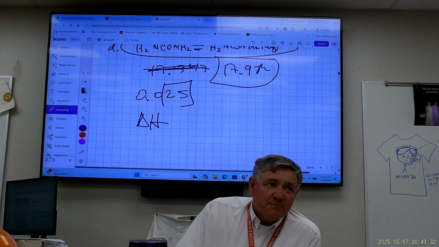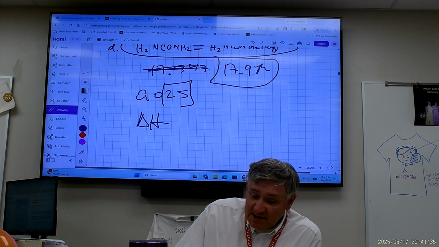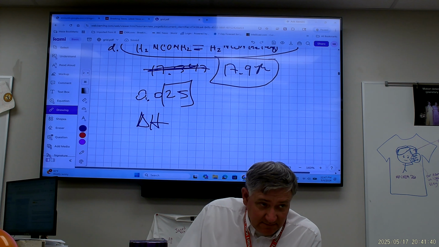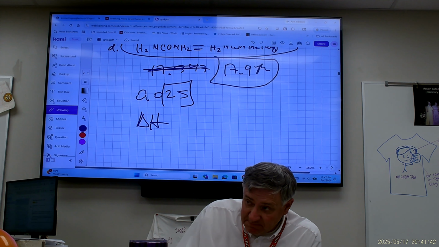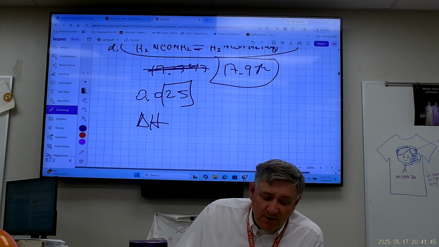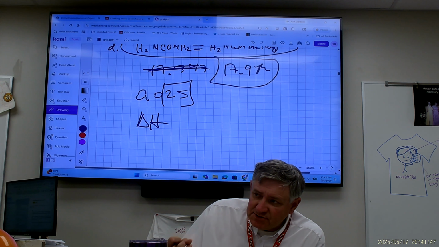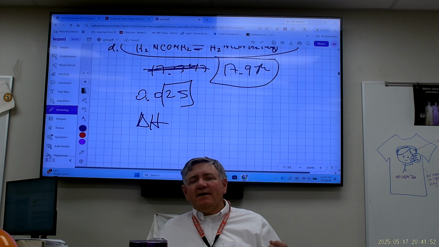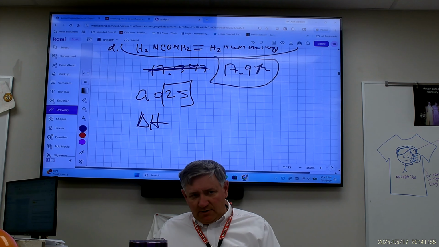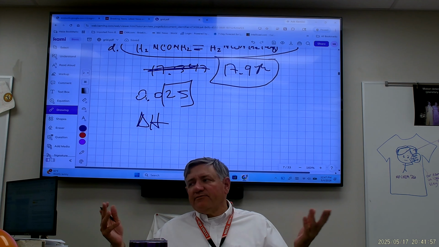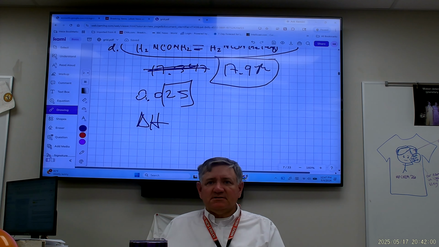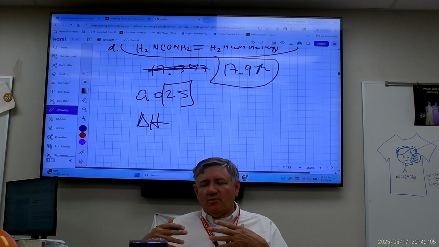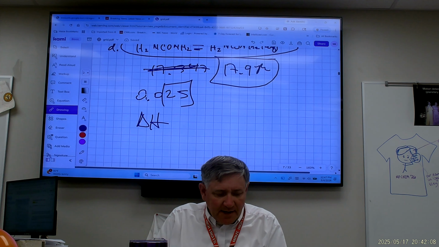Because what they're saying is that if you look at this in terms of products minus reactants, start with that idea, products minus reactants. And it should make sense, and this is kind of the next question, why should it make sense that the delta S is a positive value? You're going from a solid into an aqueous, okay? So you have more microstates, more degrees of freedom, however you want to put that.